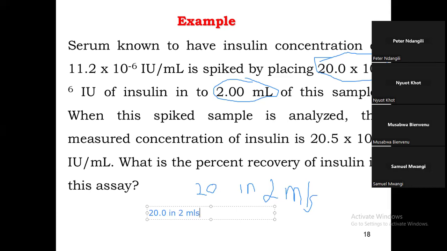Now, in terms of concentration, this actually translates to 10.0 times 10 to the power negative 6 international units per milliliter.